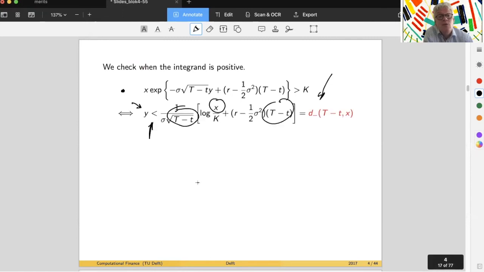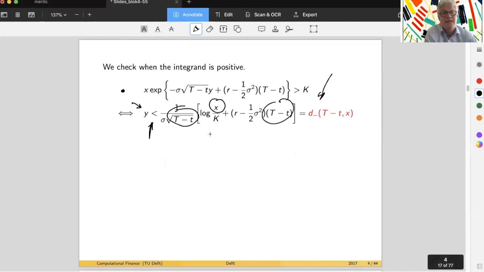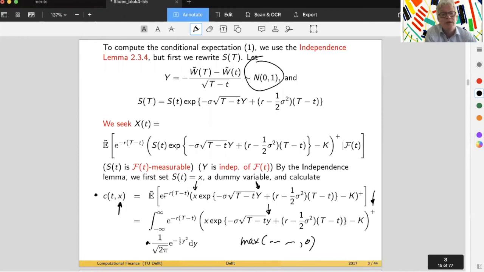All right, so what we get is the following. Our option value at any time and for any x, c of t and x, is then the integral from minus infinity to d minus of the parts that then remain. Let's look at it again. We have this first part, an exponential, x times e to the power this, and times this.